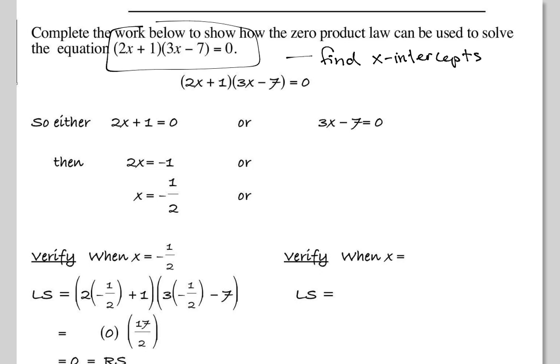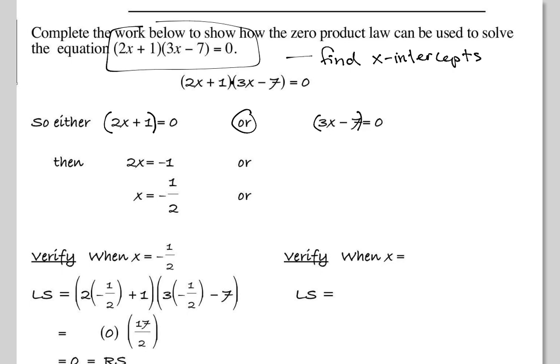So what happens when you have two factors? When you multiply, you get 0. That means one of the factors equals 0 or the other factor equals 0. And these ones are a little bit harder because the coefficient on the x is not 1. So in the first worked out solution, what did they do with this plus 1?